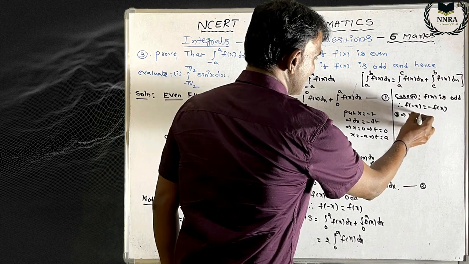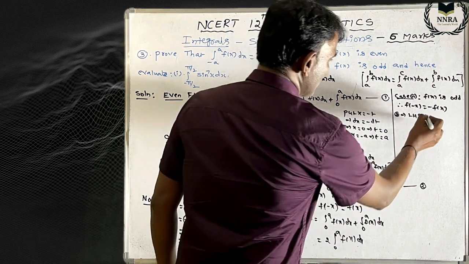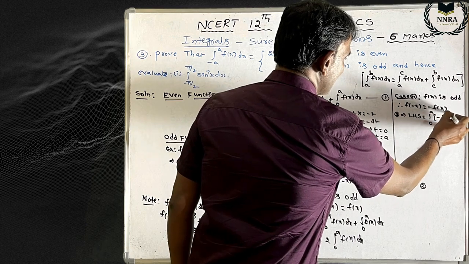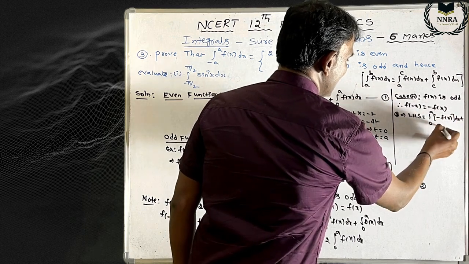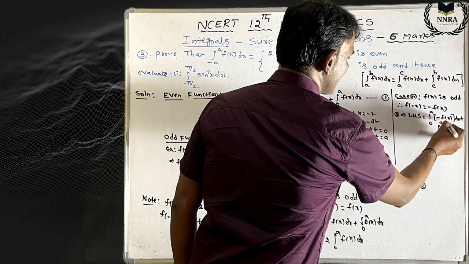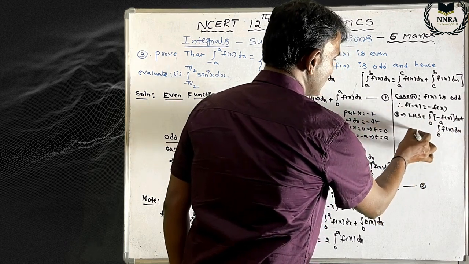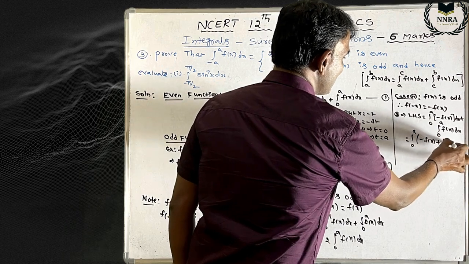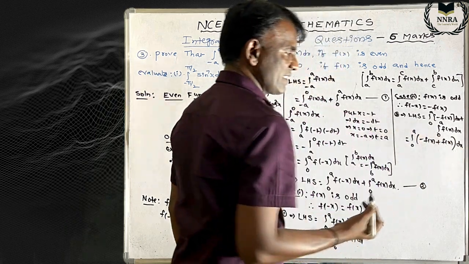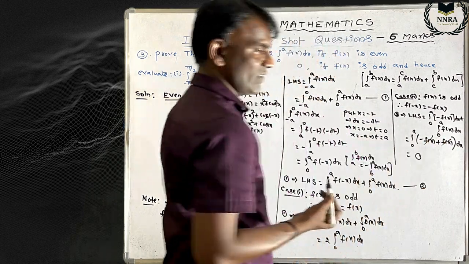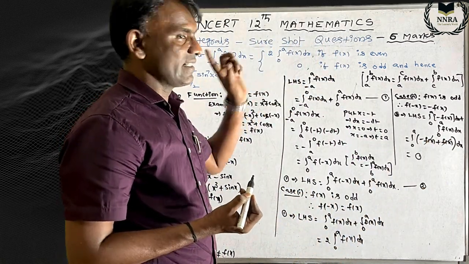So LHS equals the integral from 0 to a of minus f of x dx, plus the integral from 0 to a of f of x dx. The first one is minus f of x, the second is plus f of x. Now both get cancelled. What is the remaining value? 0. So that is the second case.